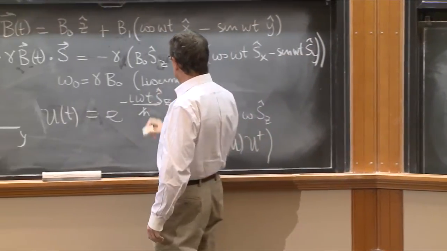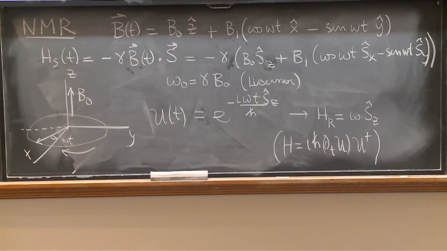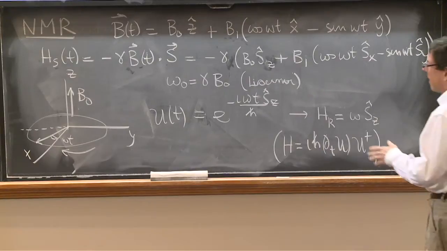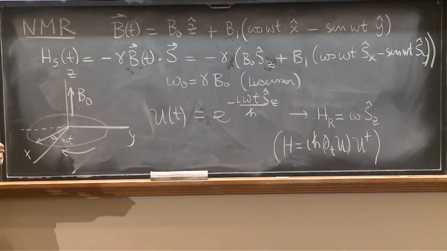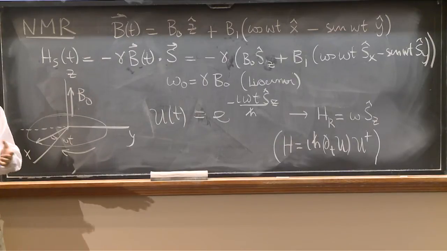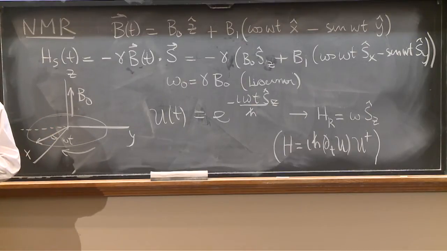So what did we say we would do? We wondered if we could somehow think of quantum mechanics in the rotating frame, in a frame that is rotating with the magnetic field in such a way that perhaps in that frame the physics would simplify.